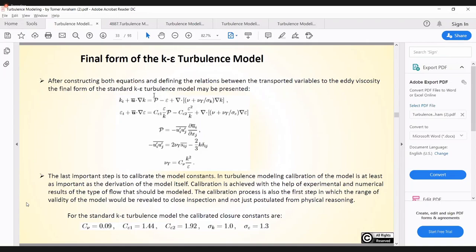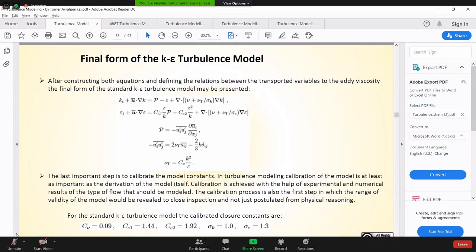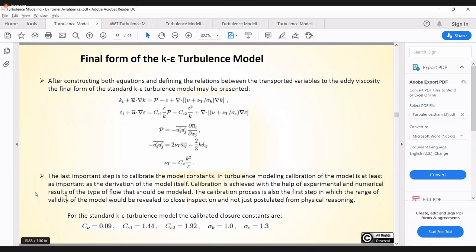Epsilon, that's the dissipation of the kinetic energy. To get the epsilon equation, you simply multiply by epsilon over k, and you get the analogous equation. Then you calibrate it according to the flat plate boundary layer, which is also kind of weird.